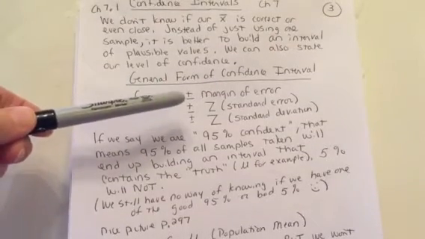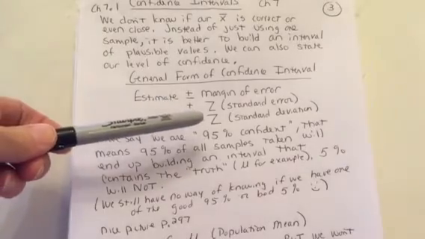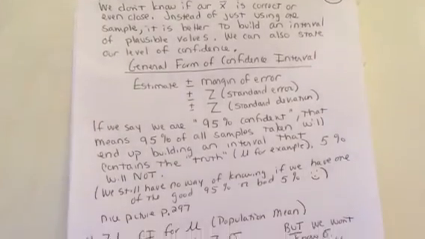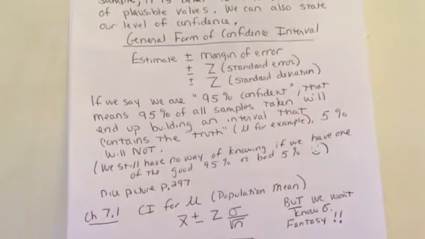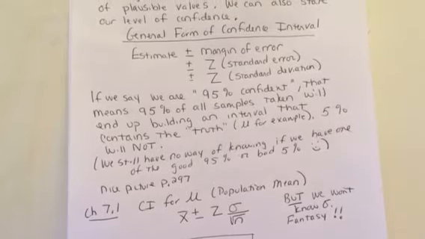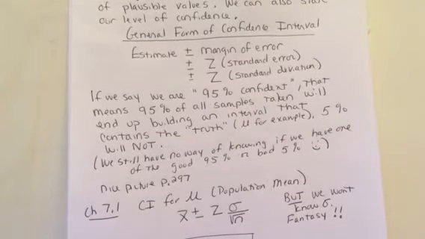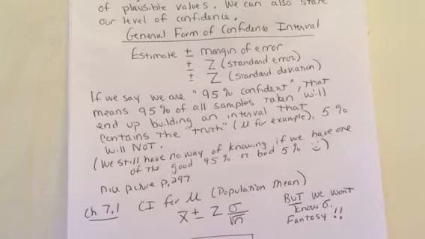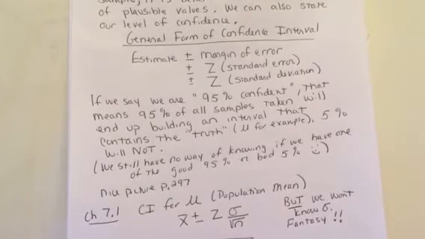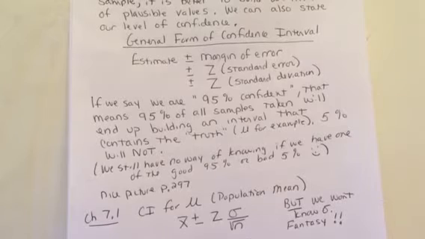Well, margin of error is actually constructed by taking a z-score times the standard deviation. When we talk about being 95% confident, what that really means is that 95% of all of those samples, remember how we talked about that last time, all of the samples taken will end up building an interval that contains the truth.